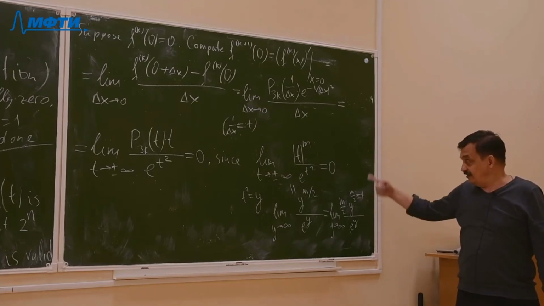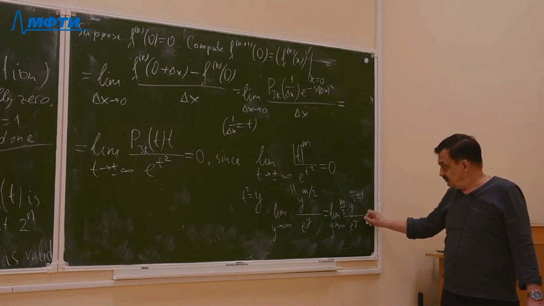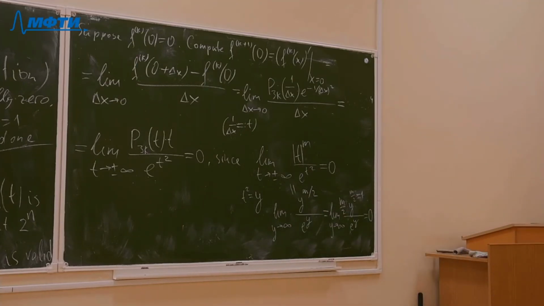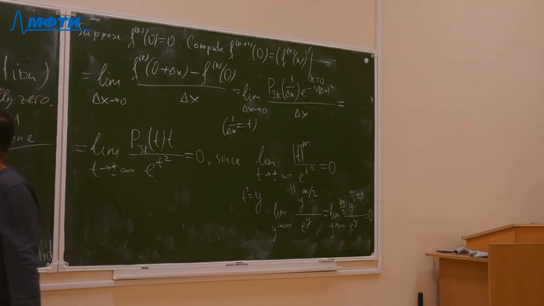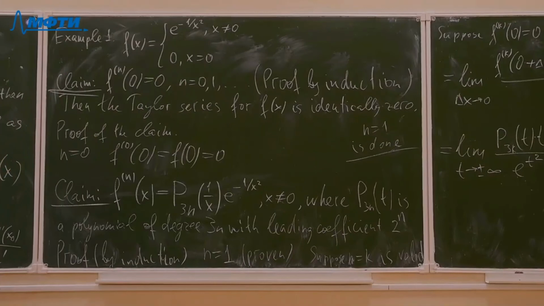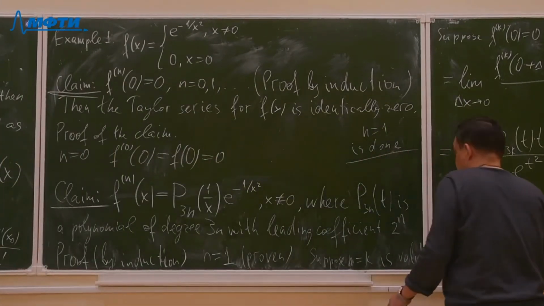So finally, for arbitrary m, we'll obtain 0 after several applications of L'Hopital rule. So the main claim is proved and the example is finished, right? Okay. It was not easy, but that is a very important thing.